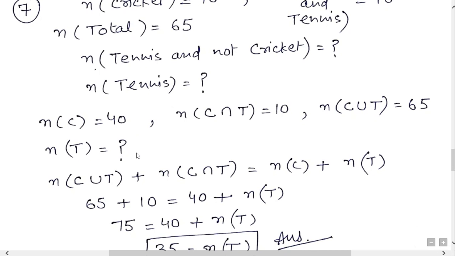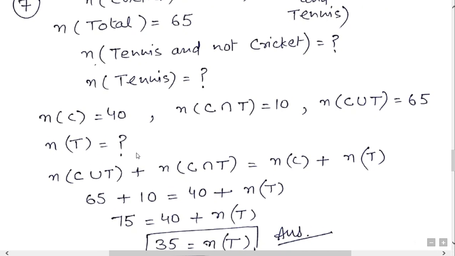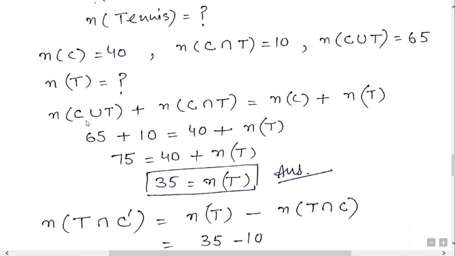First of all, calculate n(T) according to the formula: n(C union T) plus n(C intersection T) is equal to n(C) plus n(T). Insert the values. 65 plus 10 is equal to 40 plus n(T). 75 is equal to 40 plus n(T), then n(T) is clearly 35.